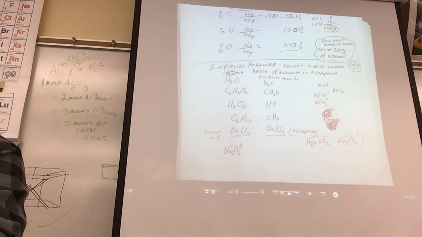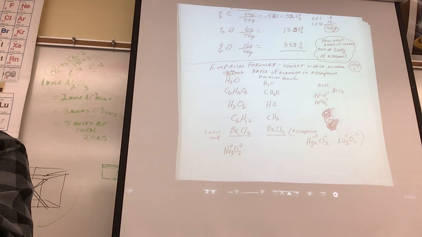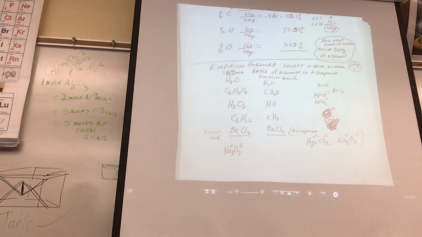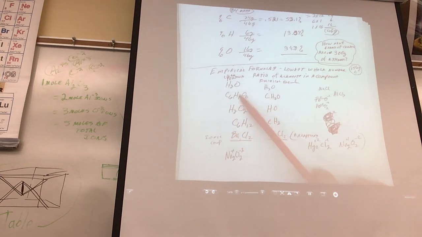Empirical formula. The reason I need you to know that is that when chemists analyze something, they usually get the lowest whole number ratio, and they had to give a name to that, and they call it the empirical formula. These are real chemicals right here. What would the empirical formula be of water?